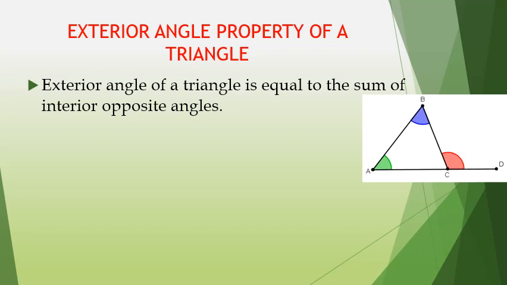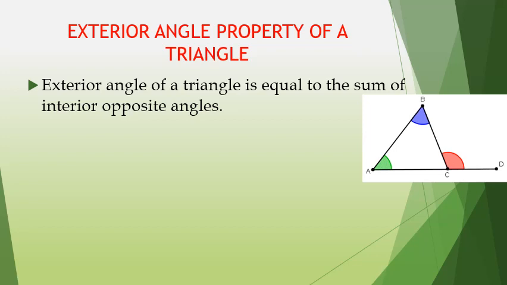Then which are the interior opposite angles? Yes, angle A and angle B. That is, angle BAC and angle ABC are the 2 opposite interior angles of triangle ABC, or the 2 opposite interior angles of the exterior angle BCD.